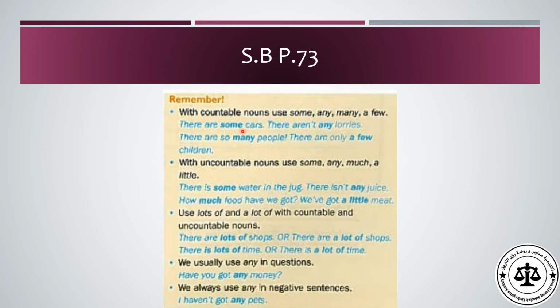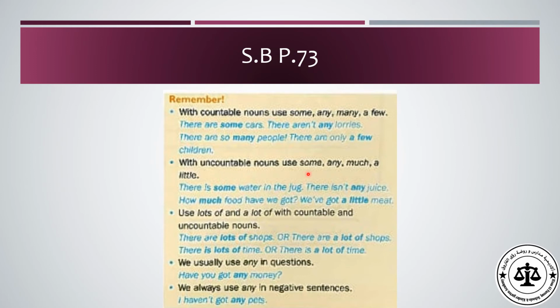Some comes with countable nouns as we see here, cars. The second example: there are so many people, there are only a few children. So many comes with countable nouns, and a few is the same. Here we have people and children. What are their singulars? Child, and the singular of people is person.